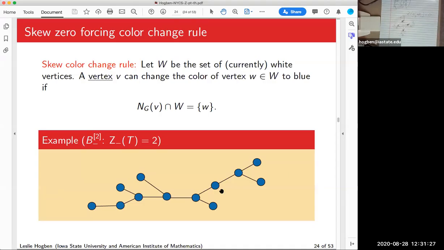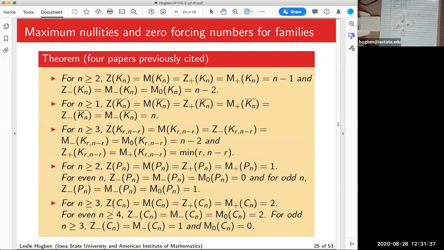So any questions about skew forcing? Okay, so I'm not going to read this very long slide. This is just to give you a small sense. This is maybe 10 or 20% of what is known about these 0 forcing numbers.